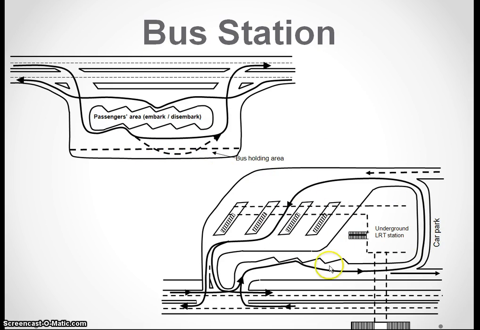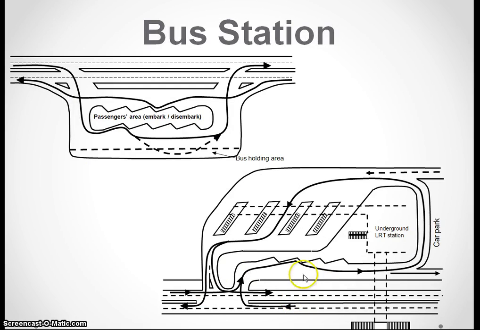Or this design with the LRT station or metro station under the ground, so the bus stops on the surface. The bus from this direction can go in here and unload the passengers, and coming this way, then stop here to load the passengers and then go again. From this direction, the same thing.